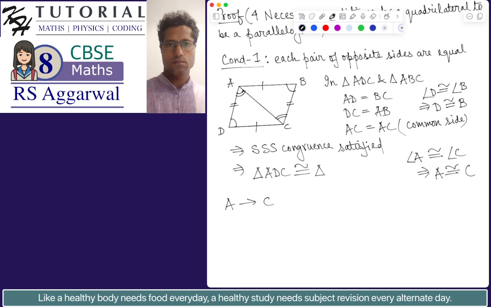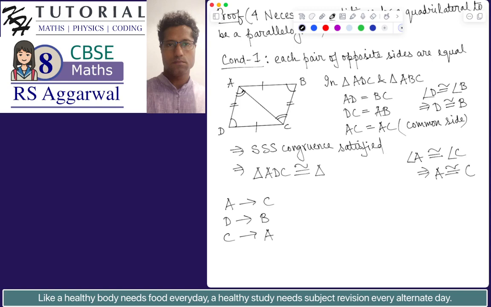Similarly, vertex D of triangle ADC corresponds with the vertex B of triangle ABC. So clearly the remaining vertex in triangle ADC is C, and definitely C will correspond with the vertex A of triangle ABC.